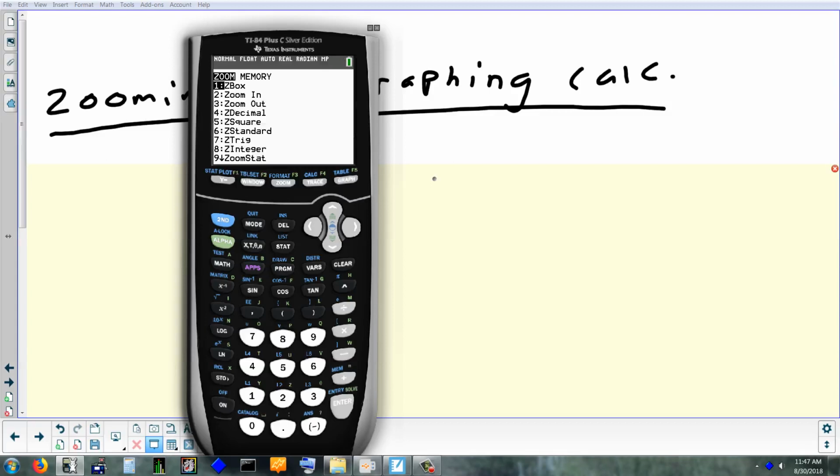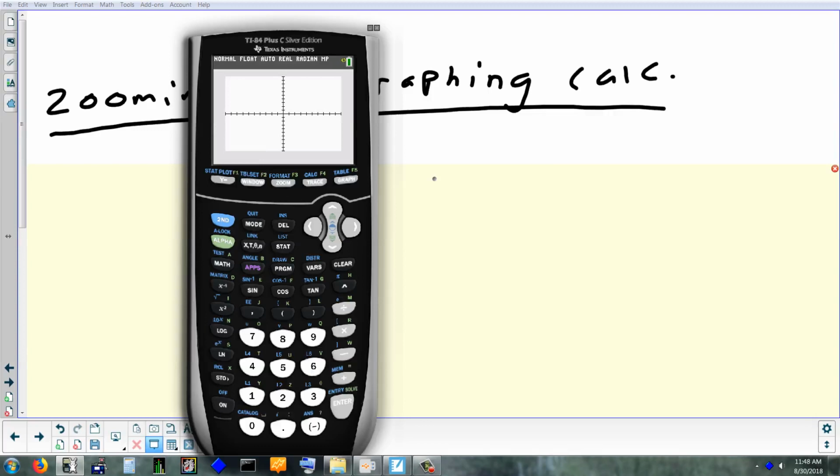Now, before you press anything else, just watch me. If you press zoom 6, but hold on 1 second, what's going to happen is it's going to change the x min and max, which is how far left and right you see, the y min and max, which is how far up and down you see, to these values, -10 to 10. Mine's already set, but in case yours isn't, go to zoom and press 6.